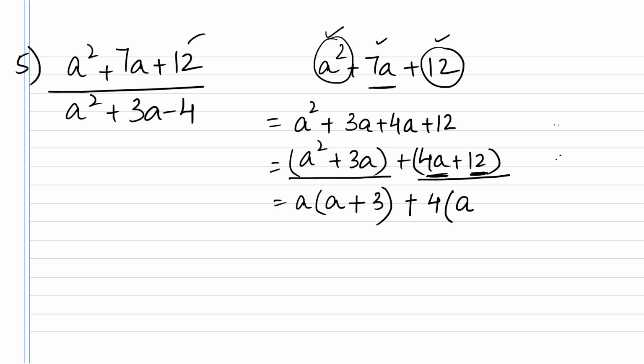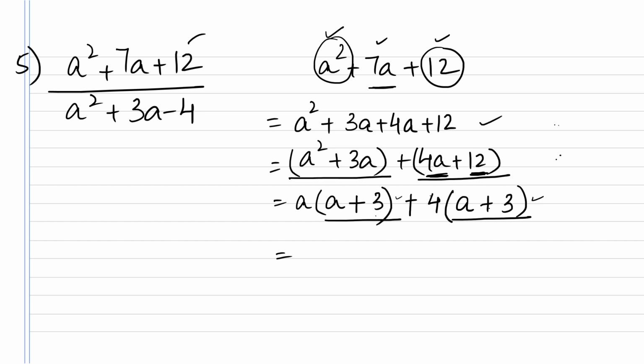From 12, 4 is already out, 3, because 4 times 3 is 12. Now look very carefully. Did you get a plus 3 as the same bracket? Yes. This is actually the hint also that you are going in the right direction. If these two brackets are not exactly the same, it means there was some mistake in splitting the middle term at this step.